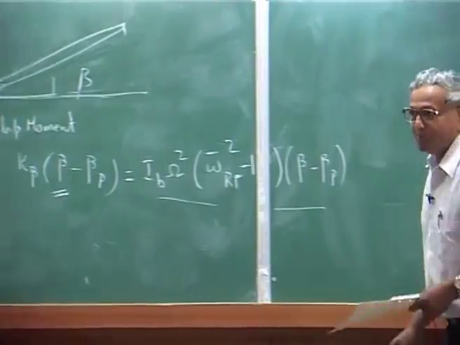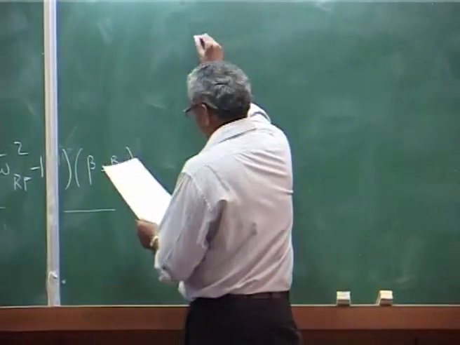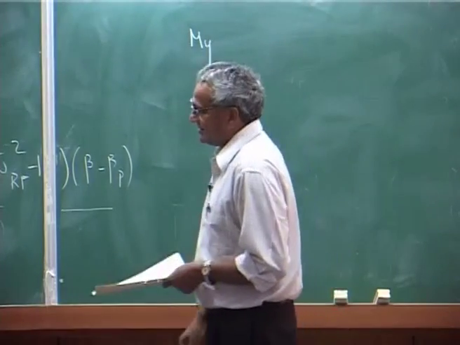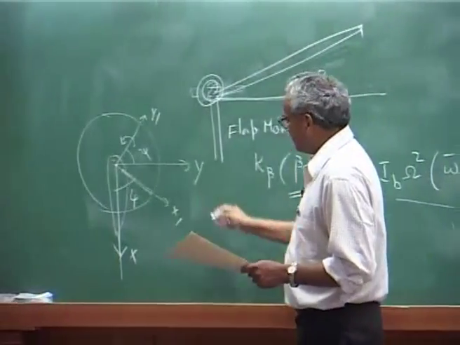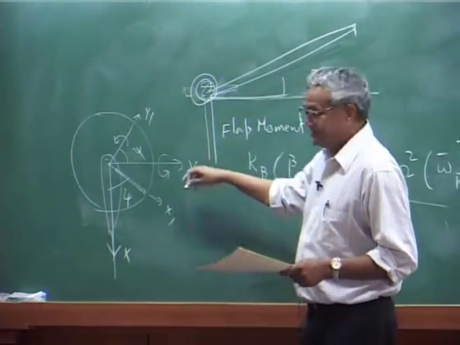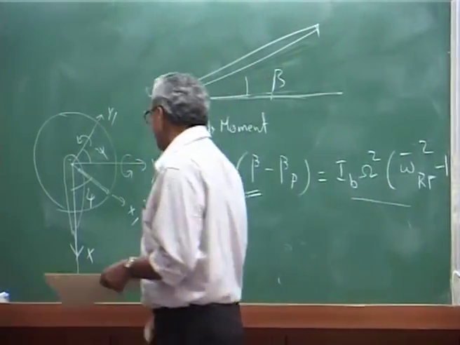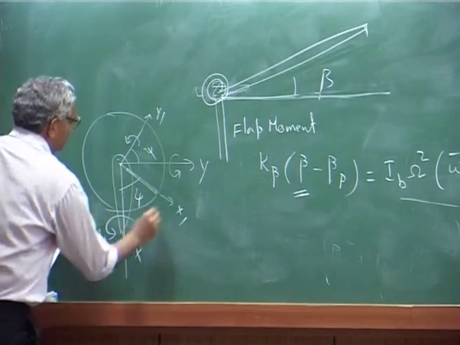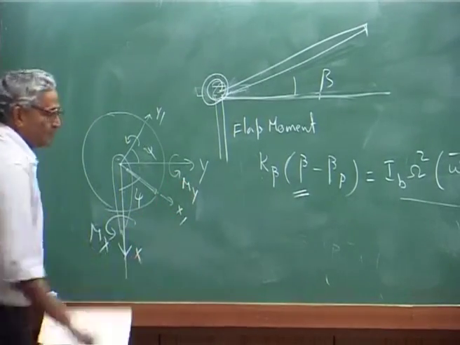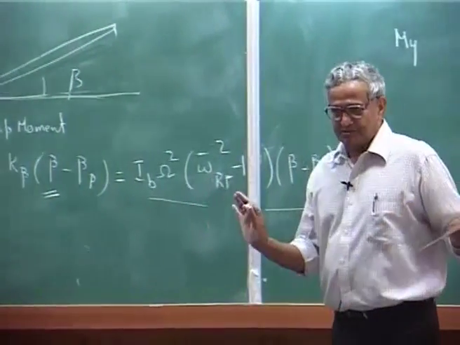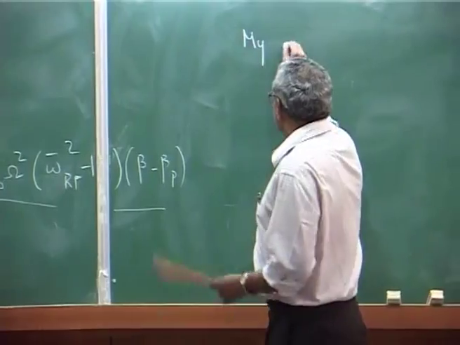My is the pitch moment, and Mx is the roll moment, in the hub system.